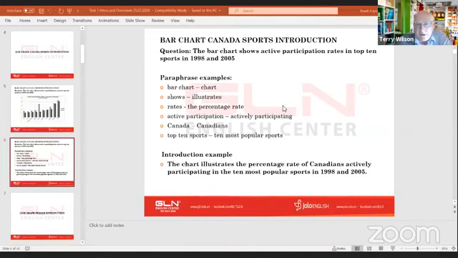So the question is 2, 4, 6, 8, 10, 12. The question is 15 words. And the introduction example is just 3 or 4 words longer. And that's what you should aim for. And with plenty of practice, you should be able to do that in about a minute on the actual IELTS writing test.